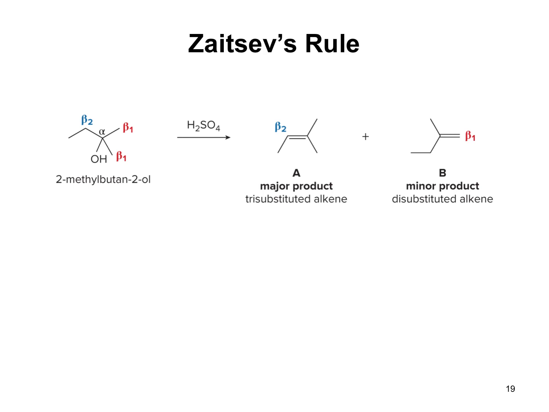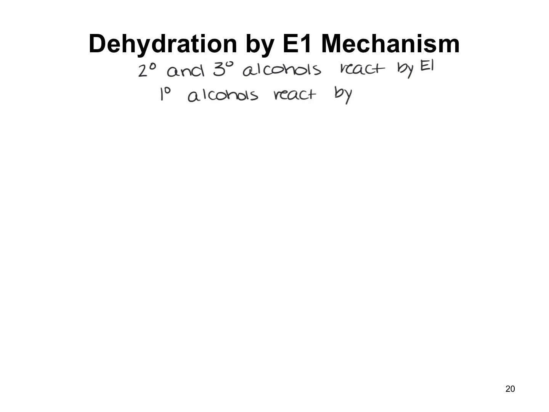Now, let's look at these mechanisms. Secondary and tertiary alcohols react by E1, whereas primary alcohols react by E2 mechanisms.